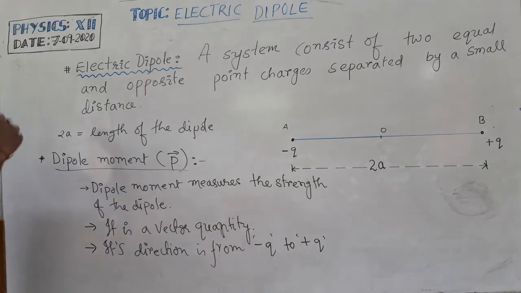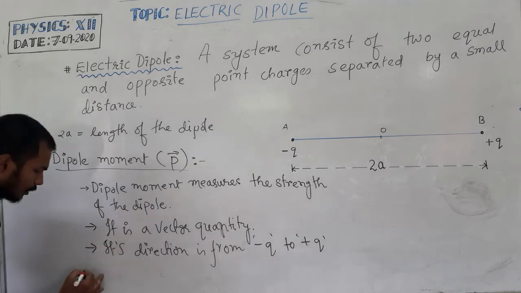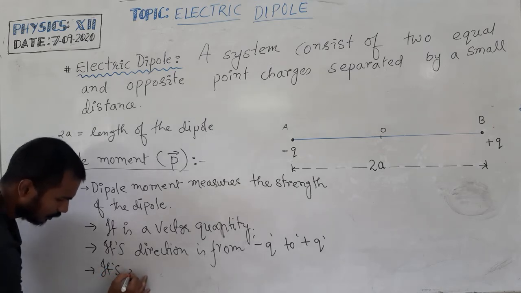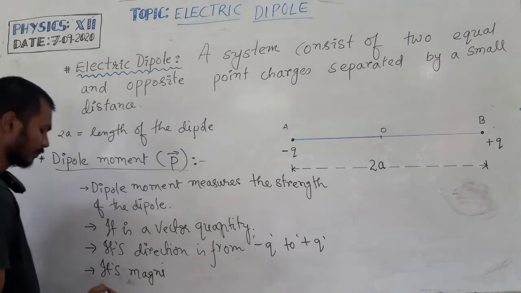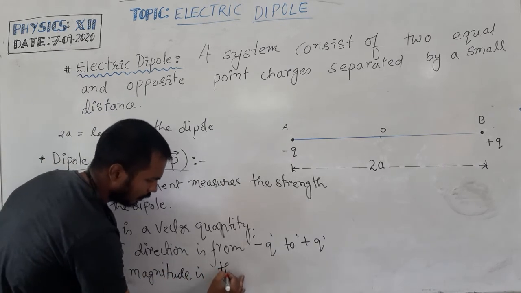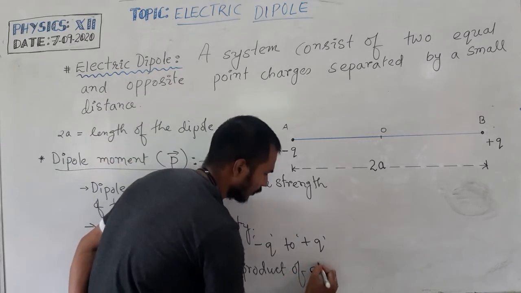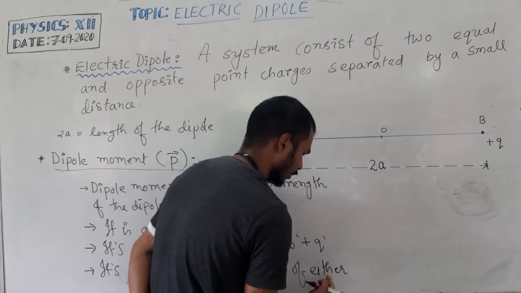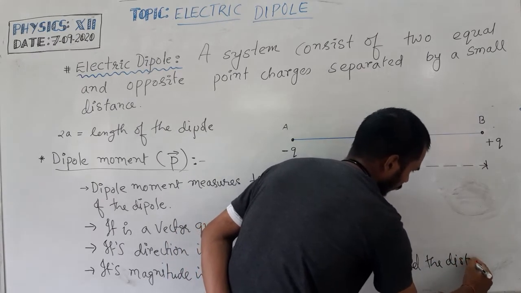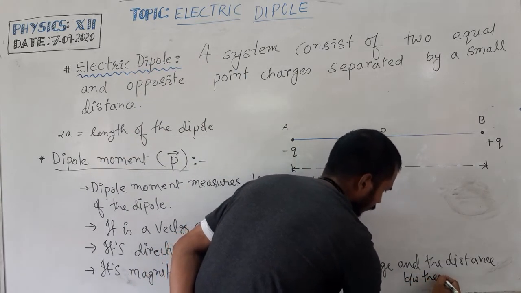The magnitude of the dipole moment is the product of either charge and the distance between them.